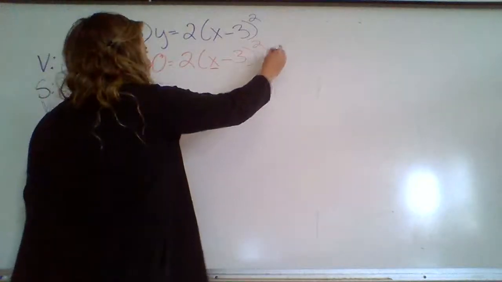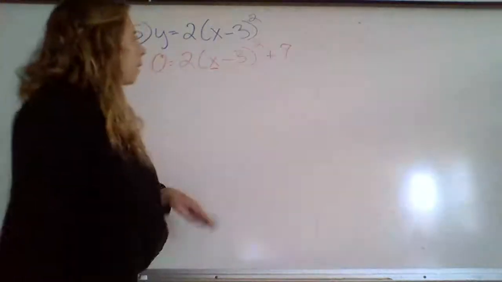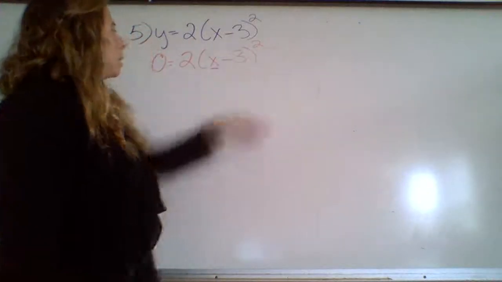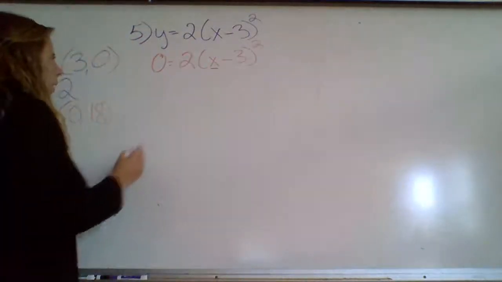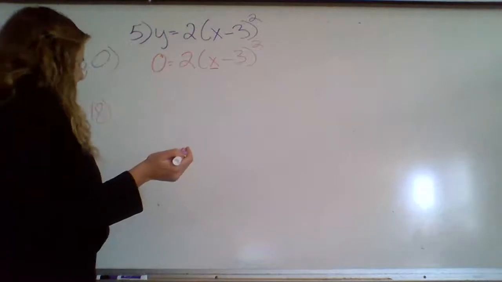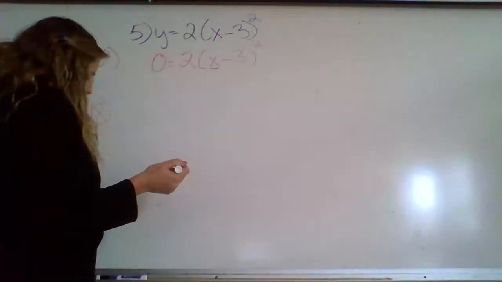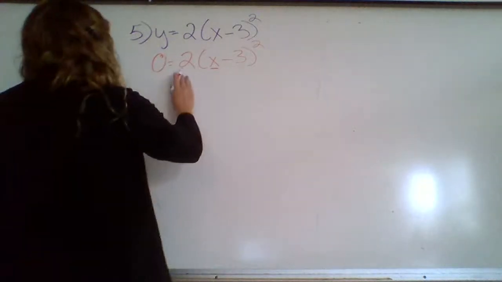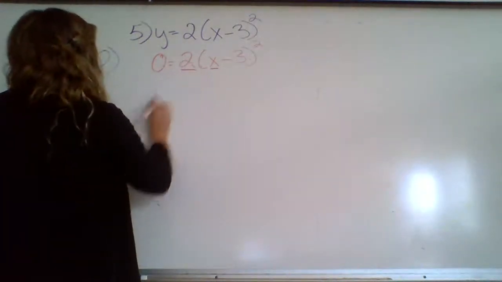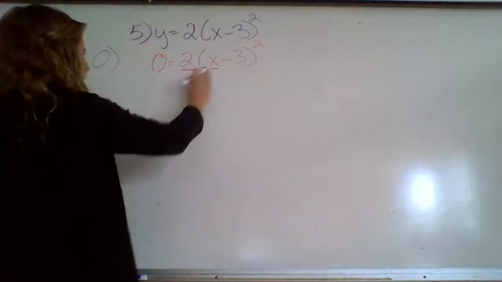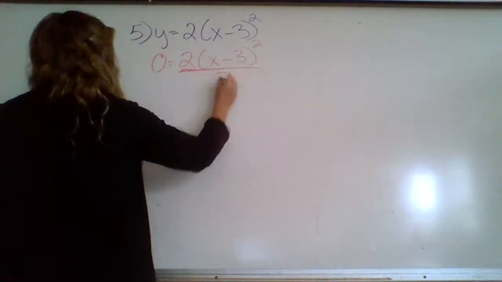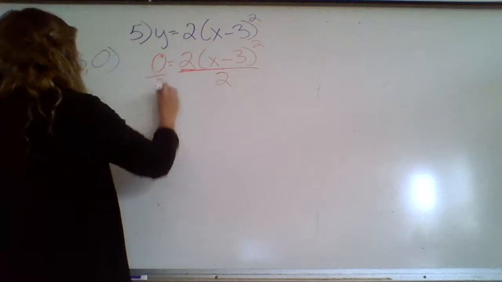Like if it was a +7, we would subtract 7 first, but there's nothing there. So the next step is you're going to divide by whatever is in front of the parentheses, which is a 2. So I'm going to divide both sides by 2.